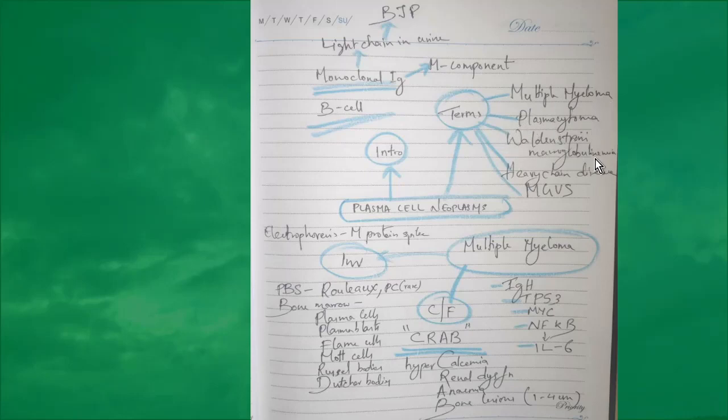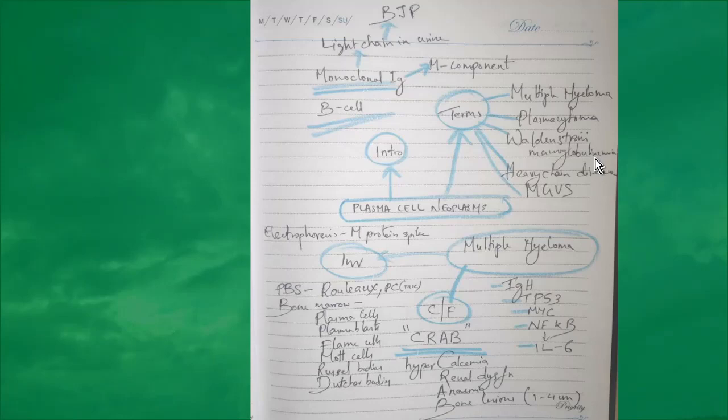Waldenstrom's macroglobulinemia is associated with lymphoplasmacytic lymphoma. There is hyperviscosity of the blood and there are hyperviscosity symptoms. You can go through Waldenstrom's on your own.